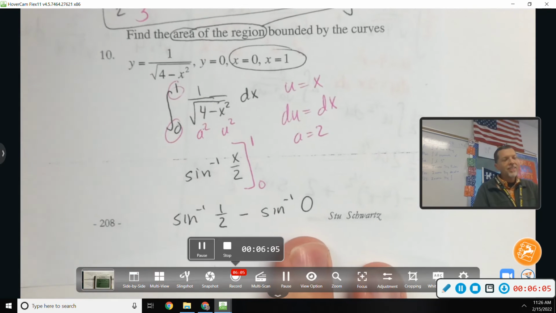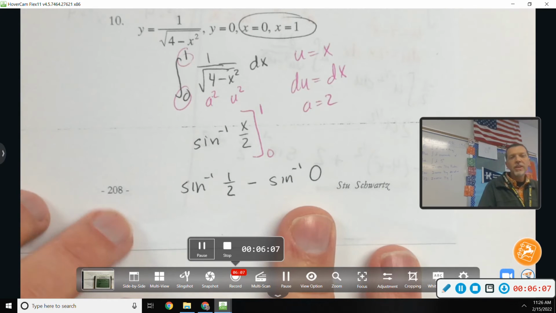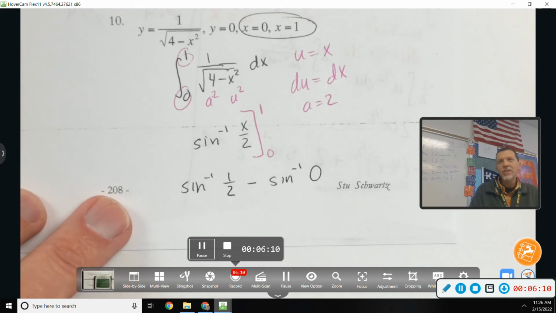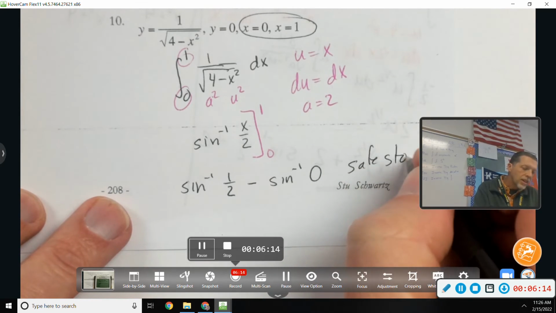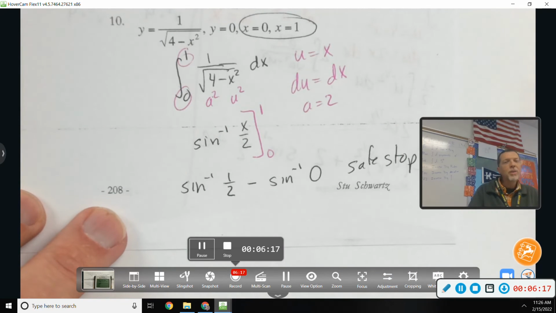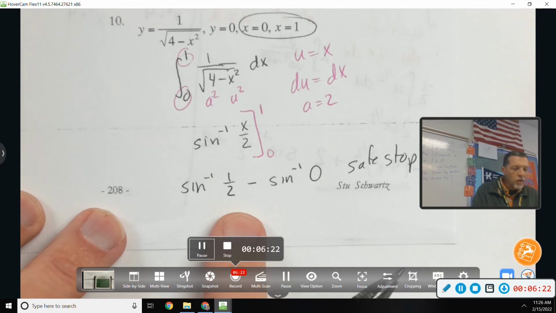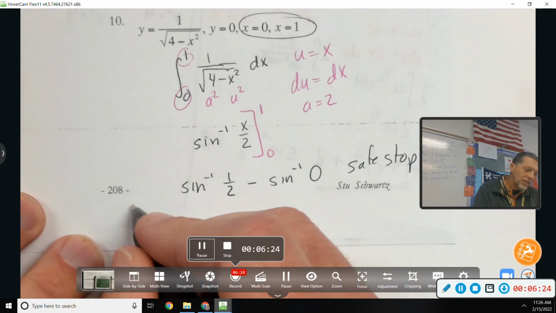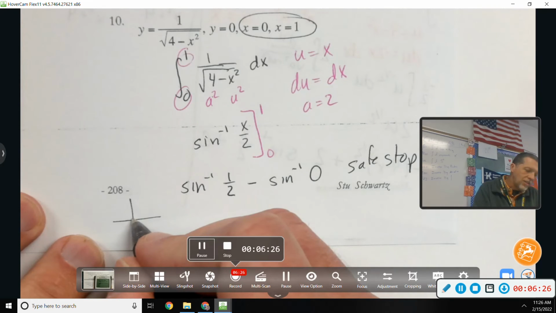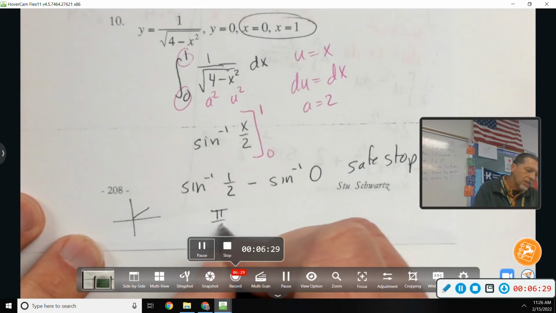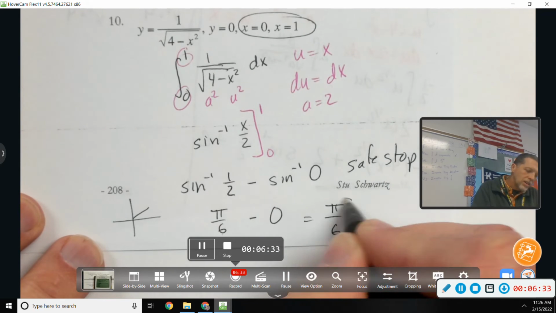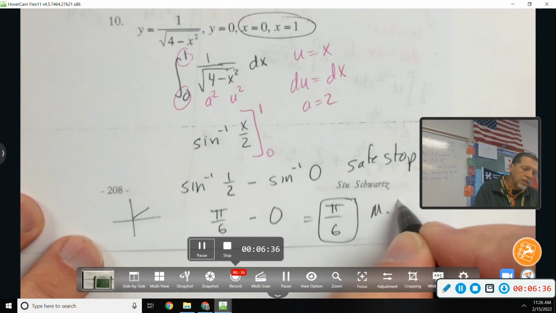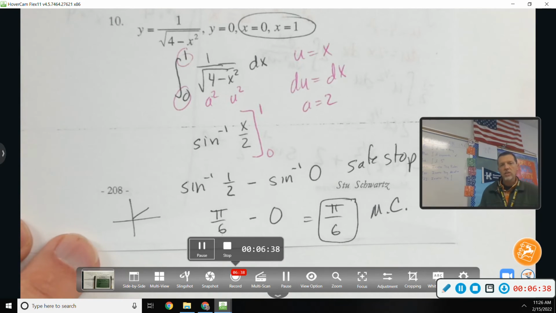And since that's calculator ready, if you're really feeling not good about your unit circle stuff, that's a safe stop. I'm guessing that would be on the multiple choice part of the test, though, so you would need to know what the inverse sine of 1/2 is. Let's see, that would be pi over 6. Inverse sine of 0 is 0. So pi over 6 is probably the multiple choice answer.